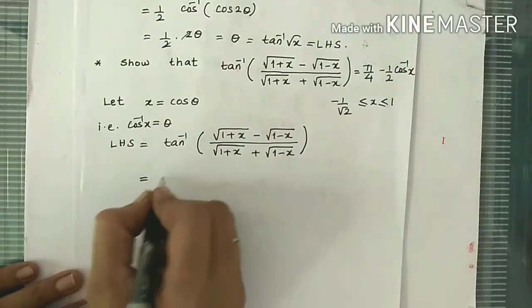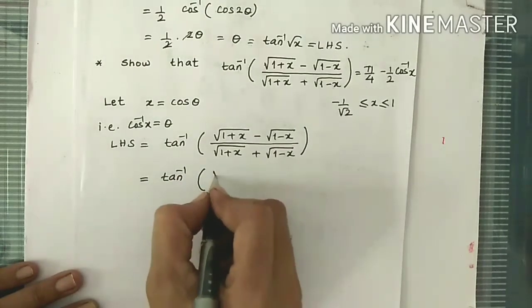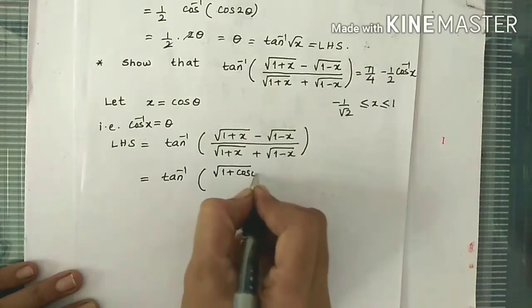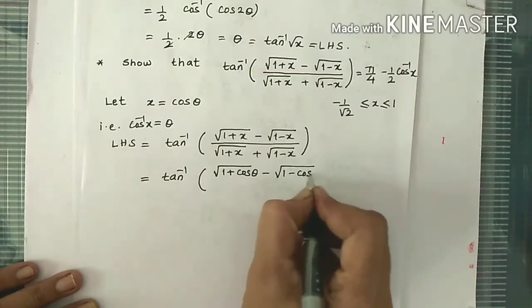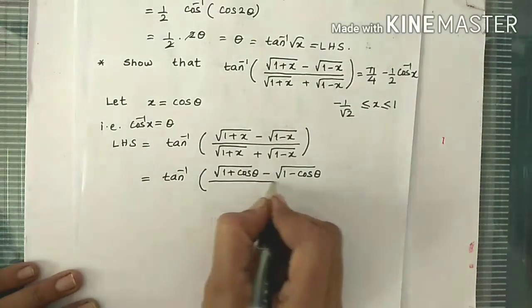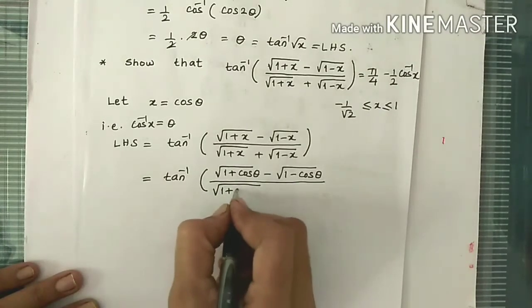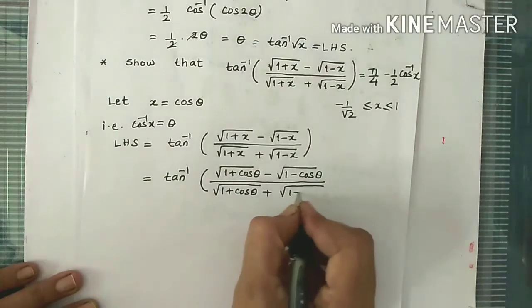So substituting x as cos theta, now we have tan inverse of root 1 plus cos theta minus root 1 minus cos theta divided by root 1 plus cos theta plus root 1 minus cos theta.